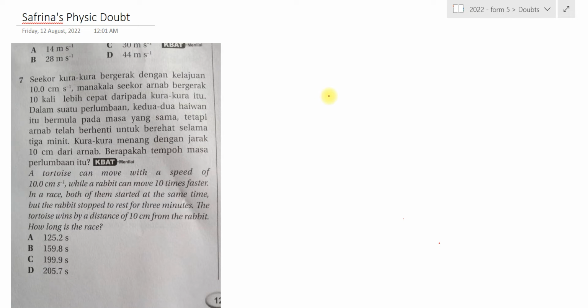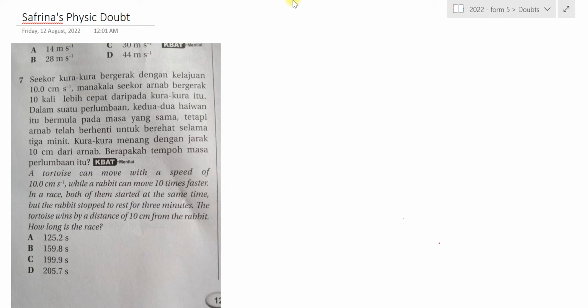Okay, this question, I would say it's not so easy. It's quite challenging. Alright, we need to illustrate this problem first before we understand the question.